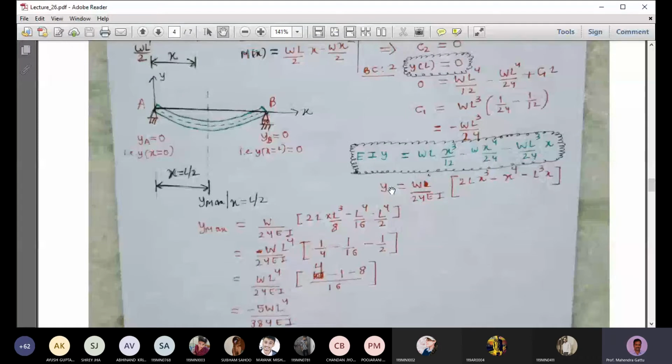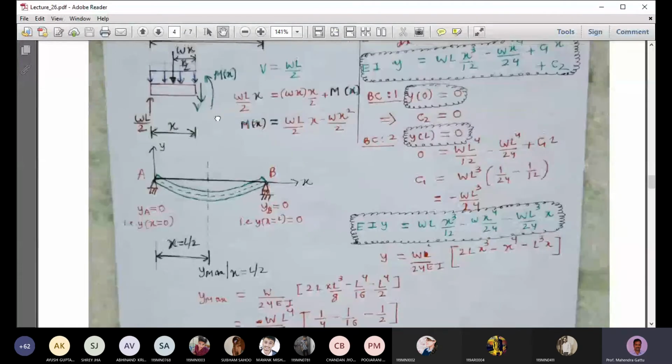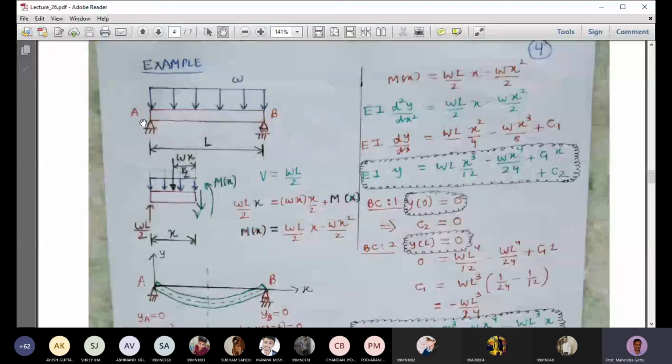The maximum value will occur at the center. Why does it occur at the center? If you look at this shear force diagram, it is positive at A, negative at B, and it will be 0 at the center. So V is 0 at the center, and we know V is equal to dM by dx. So dM by dx is 0 at the center.